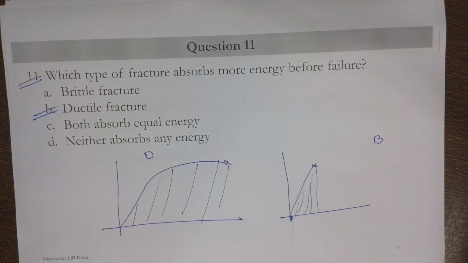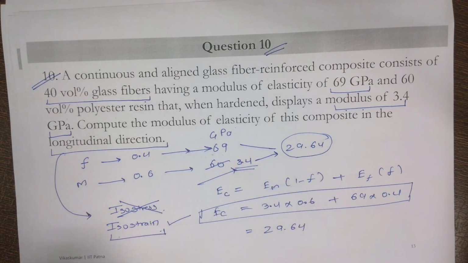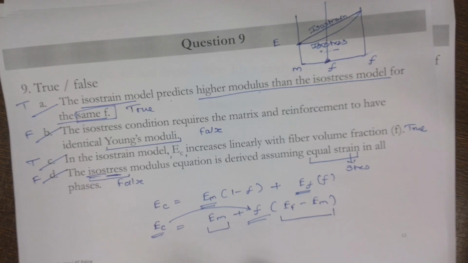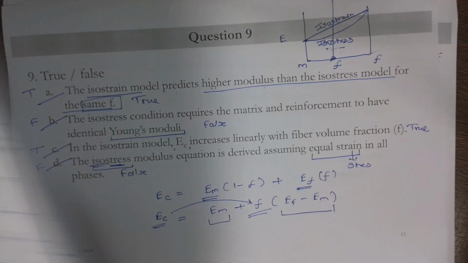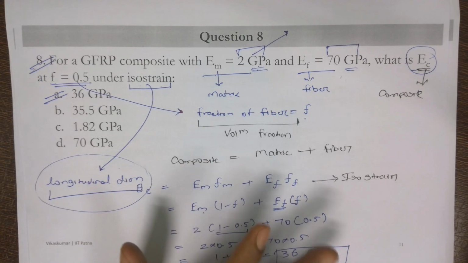Energy absorbed in the brittle and the ductile fractures. We solved the question on the isostrain. And these are the true and false questions based on isostress and isostrain. Again, this is the isostrain condition, so we are talking about the composite.